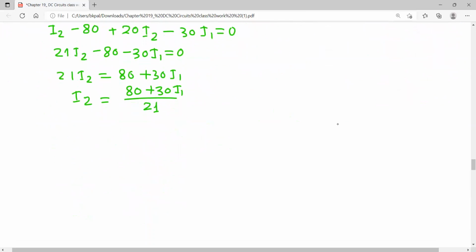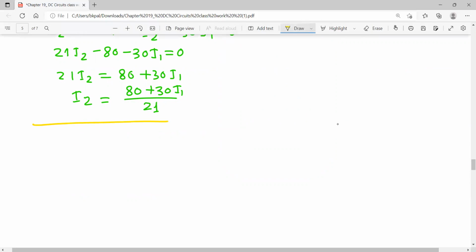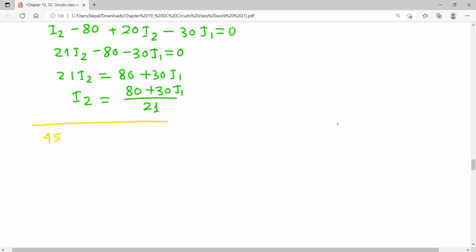The upper loop equation was this one: 45 volt, and then I3 times 1 ohm, so it is just I3, and then I3 times 40 ohm, so 40 I3, and then I1 30 ohm, so that is 30 I1, that is equal to 0. So this is the upper loop equation.